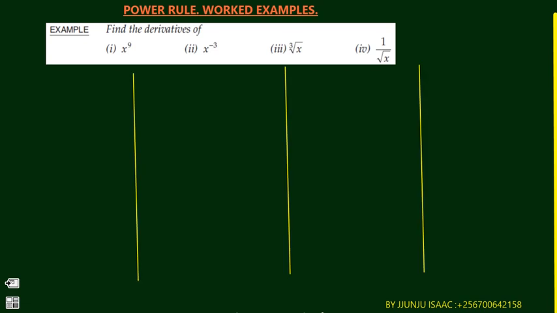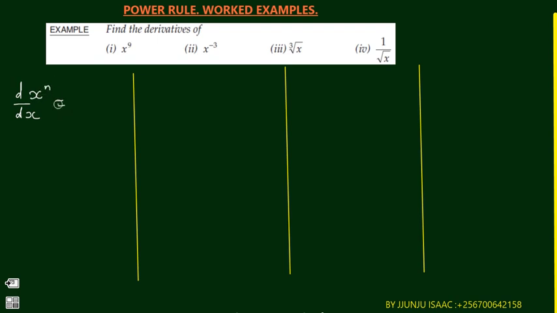Hello everyone. Now in the previous video we have looked at the power rule, and we have seen that the derivative of a function, let's say x raised to power n with respect to x, we get by looking at the power here.